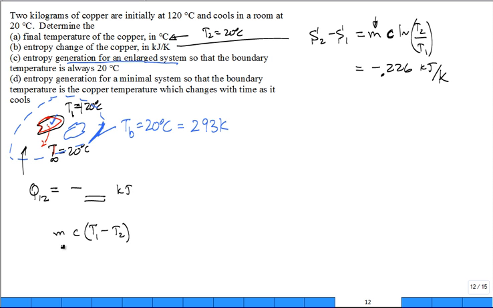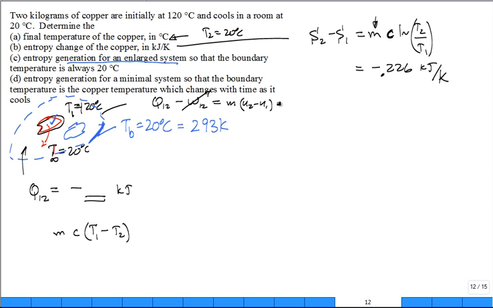Look at the first law. Do a first law for that system. What's it say? Q in 1 to 2, I know it's going to be negative, minus the work 1 to 2, I know that's 0, there's no work, is equal to the mass times U2 minus U1. Right? Did I write the first law correctly?